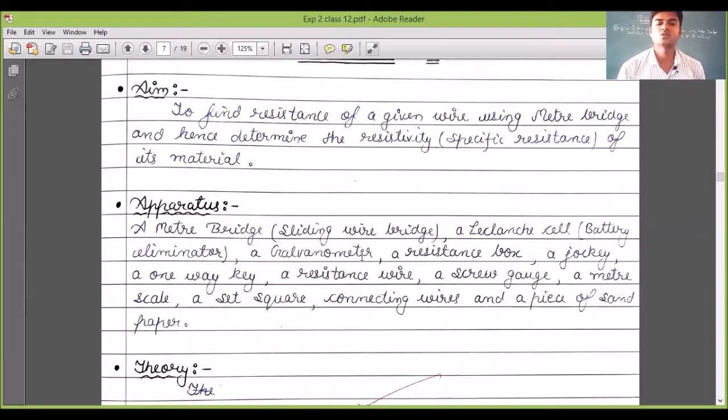We will also use a galvanometer, a resistance box which is going to be our known resistance, a jockey attached to the galvanometer, a one-way key for switching it off and on, a resistance wire, a piece of this wire, a screw gauge, a meter scale to calculate the length of this wire, a set square, some connecting wires, and a piece of sandpaper for better connections in our circuit. So these are the apparatus required.